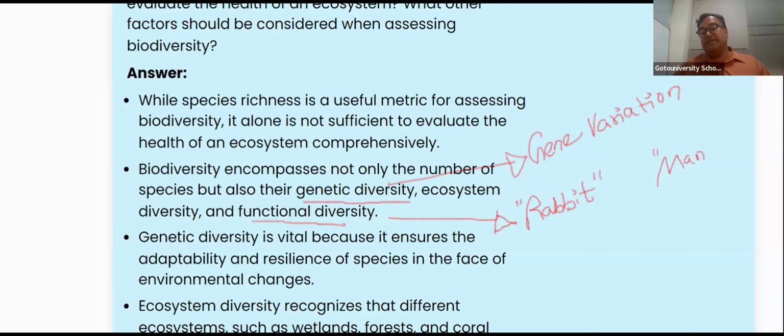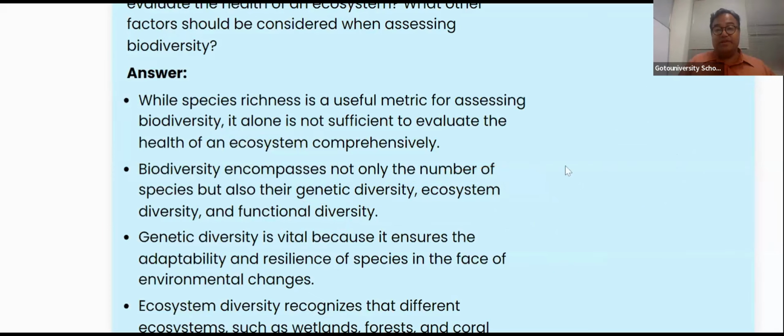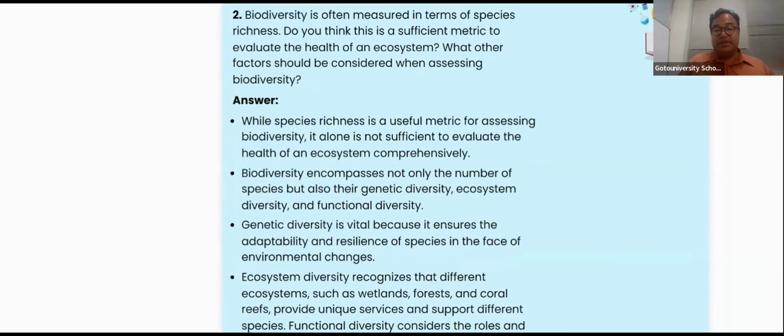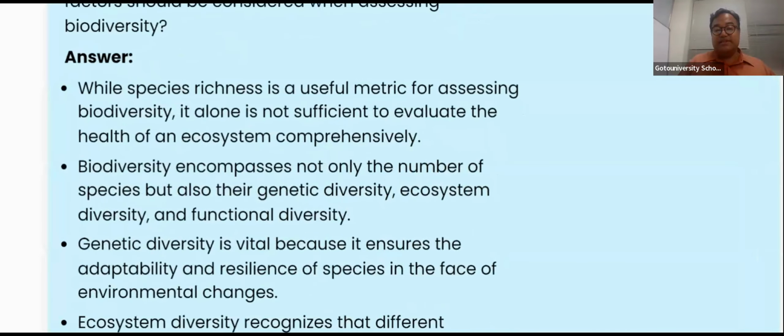The enzyme is salivary amylase, which is quite amazing in terms of performance level in rabbit compared to man. This is a very good example of functional diversity, right? Genetic diversity is vital because it ensures the adaptation and resilience of the species in the face of environmental changes, right?